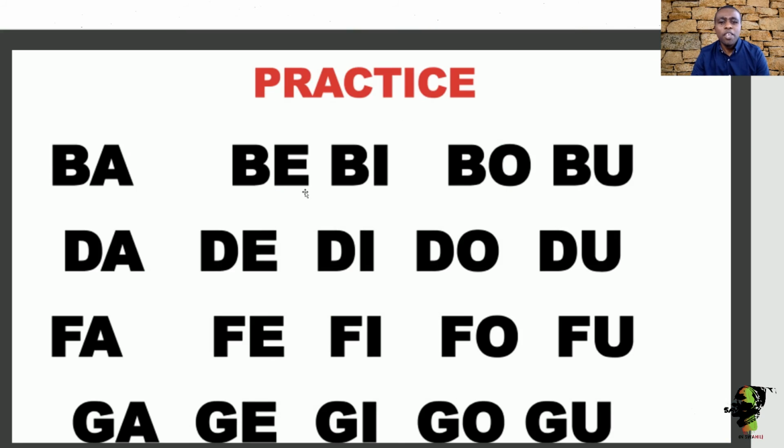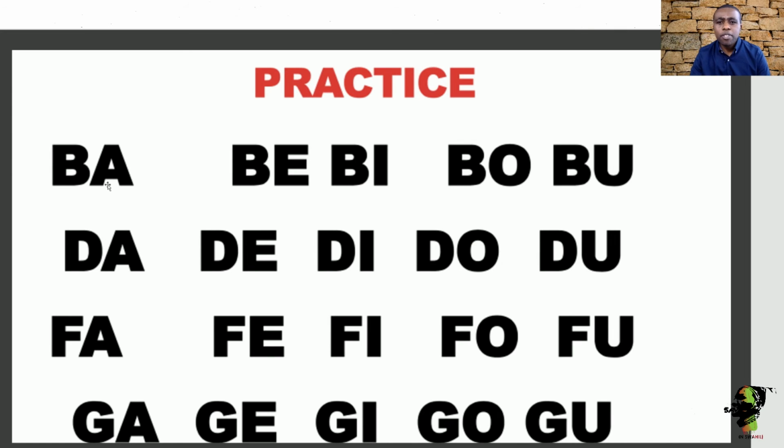Good work there. We also have now the way we combine these sounds together with other letters to form syllables. A syllable is a combination of a consonant and a vowel. For example, you can have the letter B and A becoming one syllable.